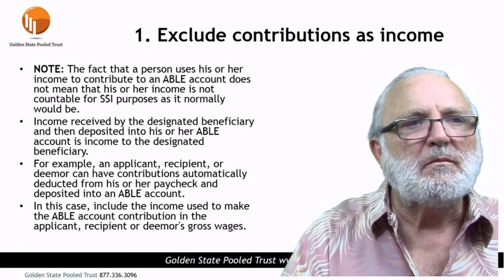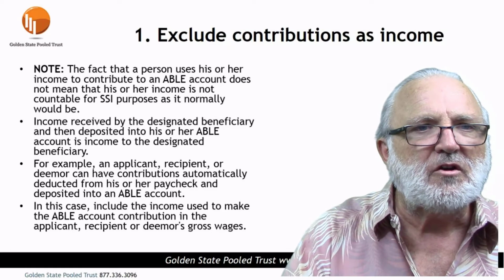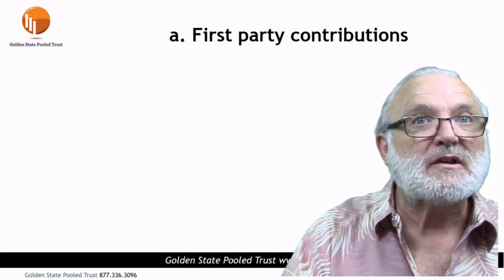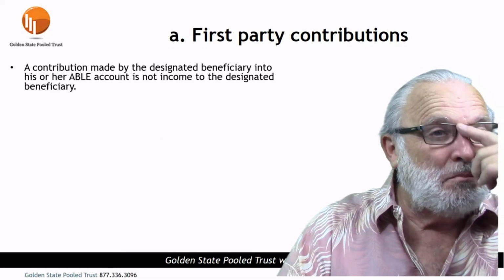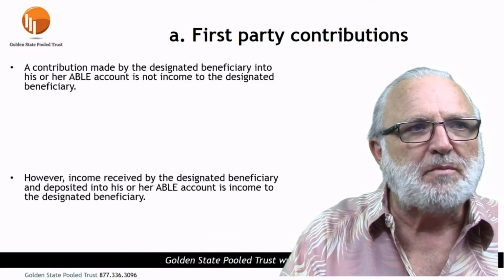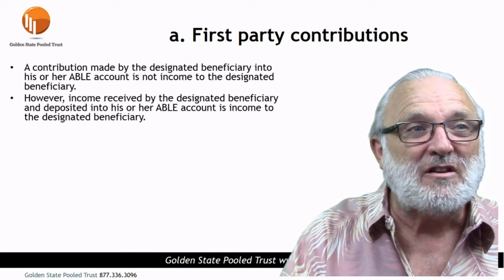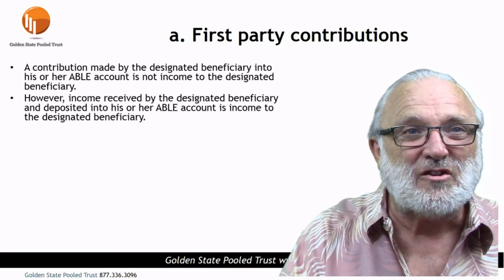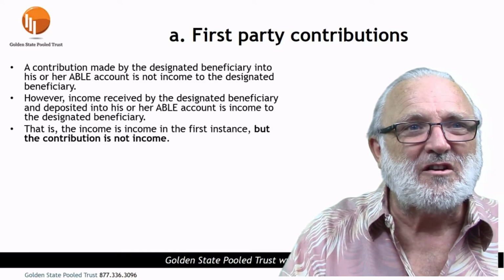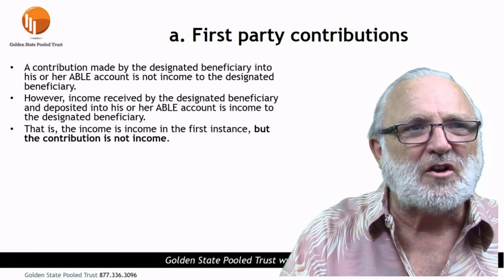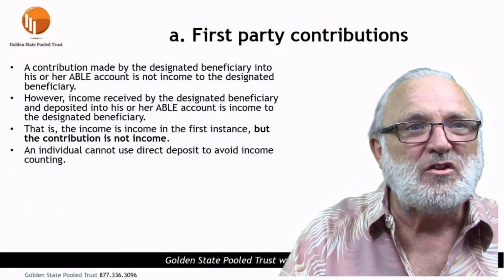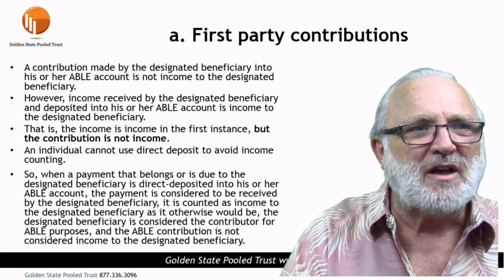So a contribution made by the designated beneficiary to his or her ABLE account is not income to the designated beneficiary. However, income received by the designated beneficiary deposited in his or her ABLE account is income to the designated beneficiary. That is, the income is income in the first instance, but the contribution is not income. So an individual cannot use direct deposit to avoid income counting.